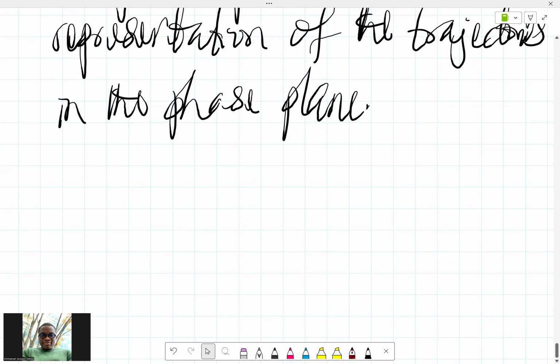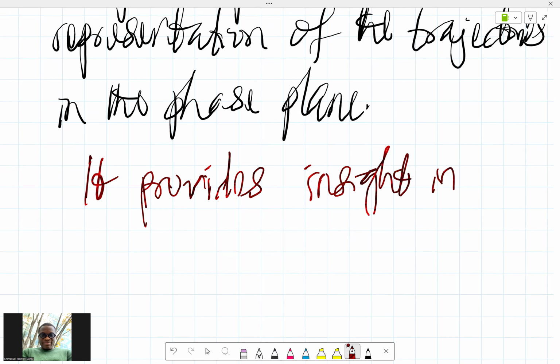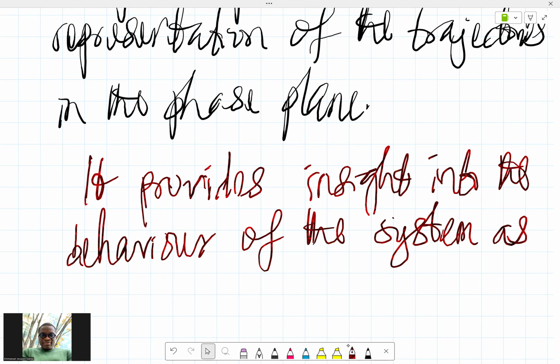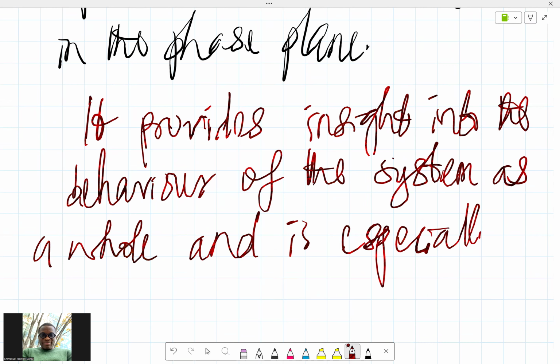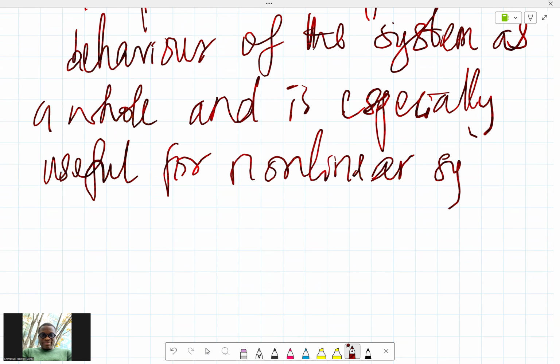It provides insight into the behavior of the system as a whole, and is especially useful for nonlinear systems.